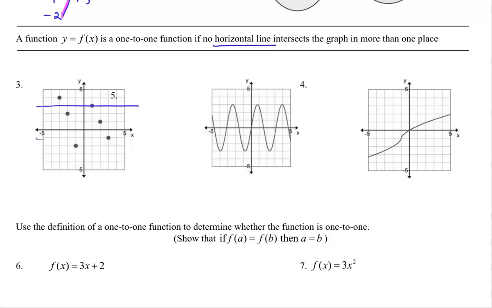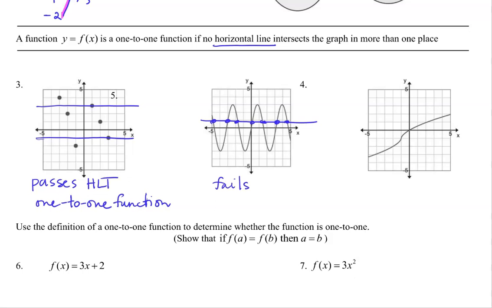If that is the case, then the graph passes the horizontal line test, and it is a one-to-one function. If you're able to draw a horizontal line that touches the function more than once, then this fails the horizontal line test, and this is not a one-to-one function.